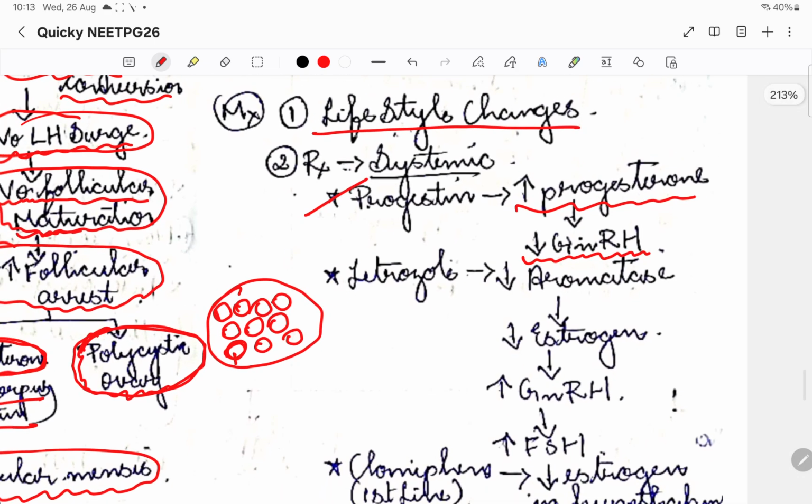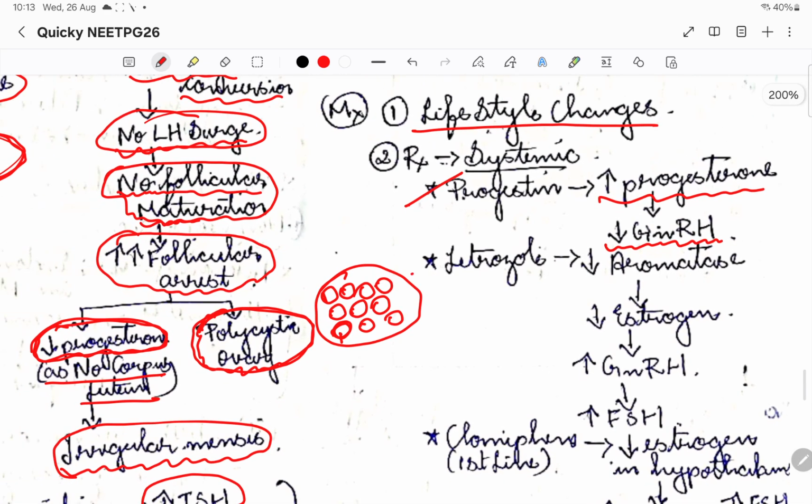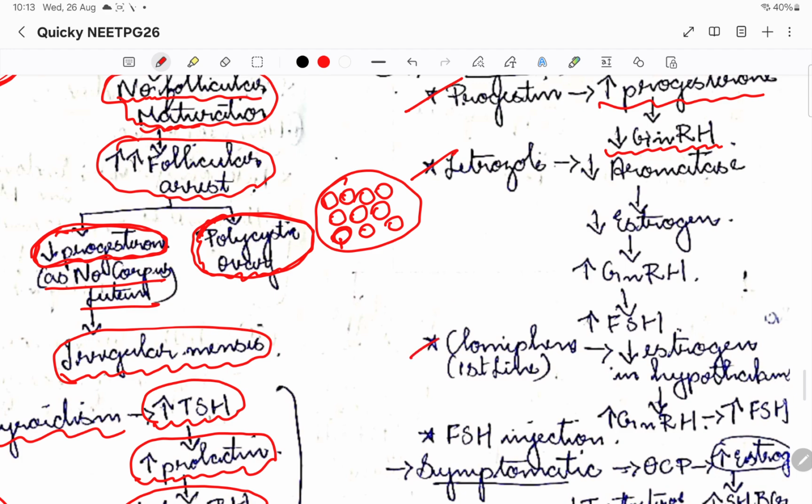Okay, so then coming to letrozole. Letrozole and clomiphene, so please remember these two drugs. Letrozole reduces the aromatase and reduces the estrogen level in our body. So when the estrogen is reduced, that will cause positive feedback for the GnRH to increase.